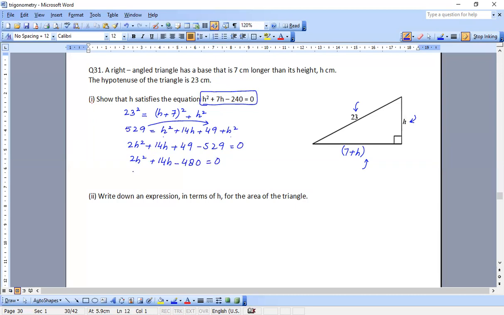In this equation, I can take 2 common. I'll be left with h square plus 7h minus 240 equals 0, which means h square plus 7h minus 240 is equal to 0. This is the required equation of the first part.